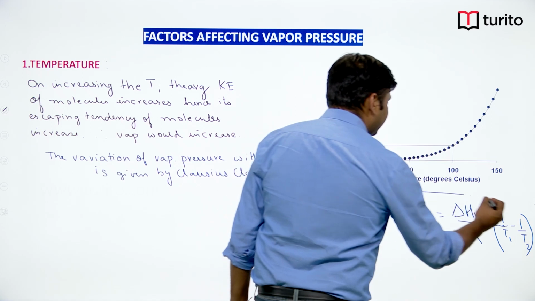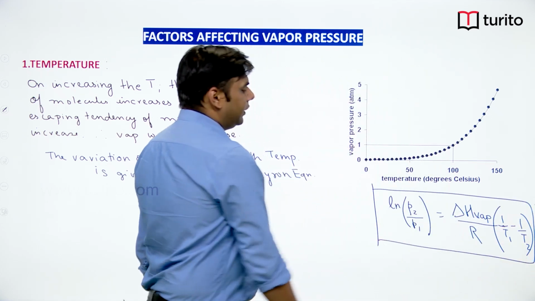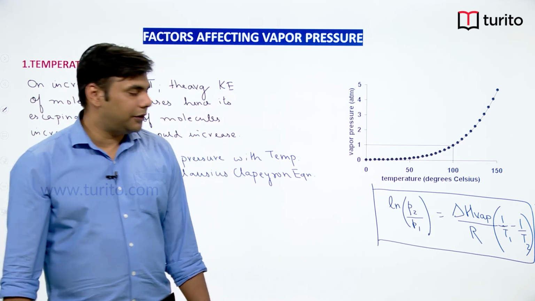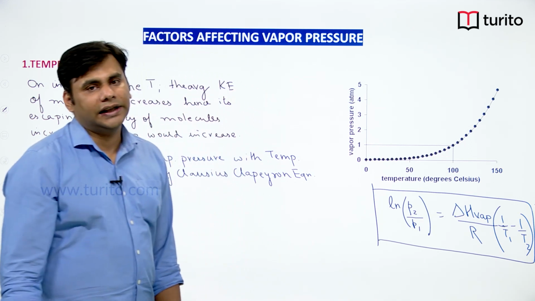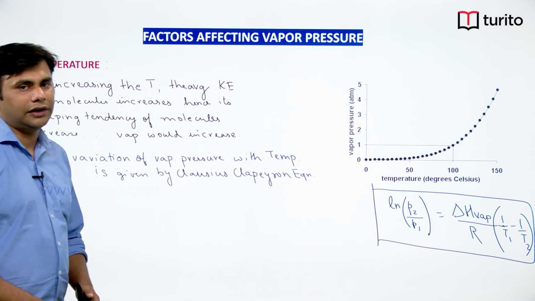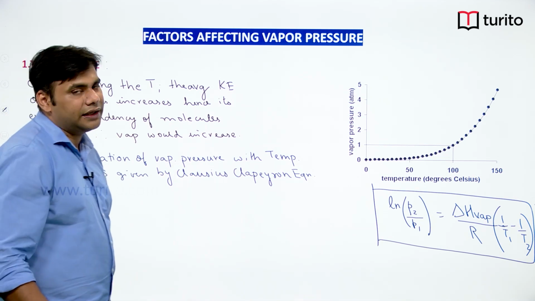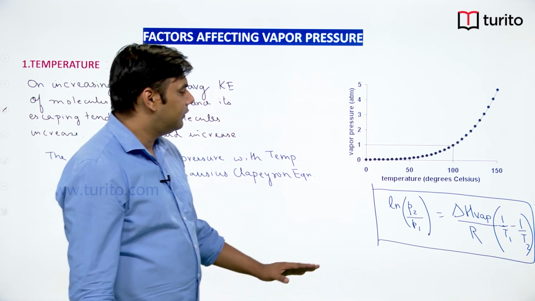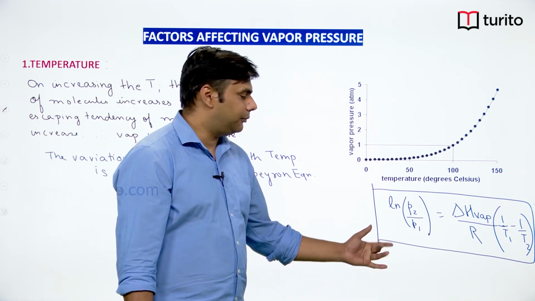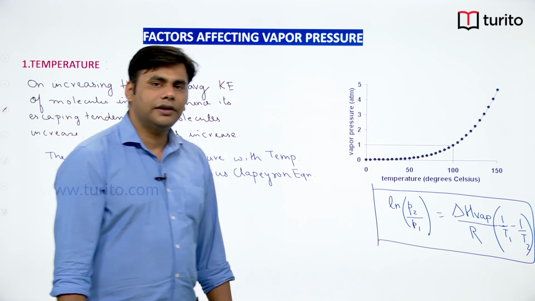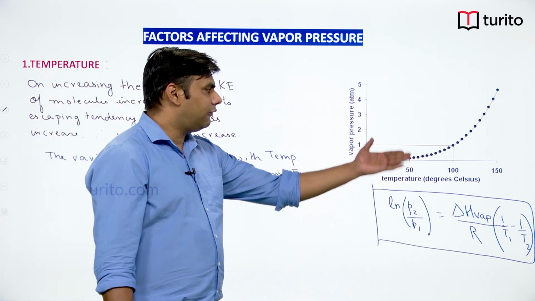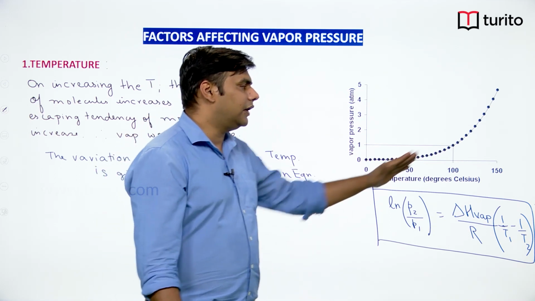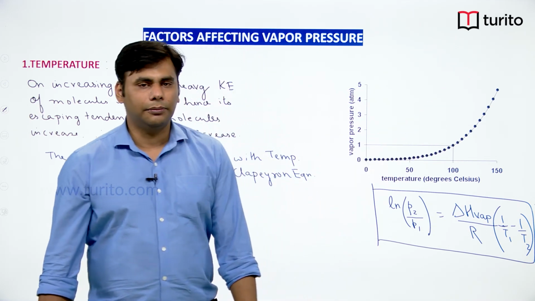This is your Clausius-Clapeyron equation, where P2 is the vapor pressure at temperature T2, P1 is the vapor pressure at temperature T1, ΔH vaporization is the enthalpy of vaporization of the liquid, and R is the gas constant. So you can find the vapor pressure at different temperatures. You can clearly see that this is an exponential type of increase. When you plot vapor pressure with temperature, it will increase exponentially with increase in temperature.